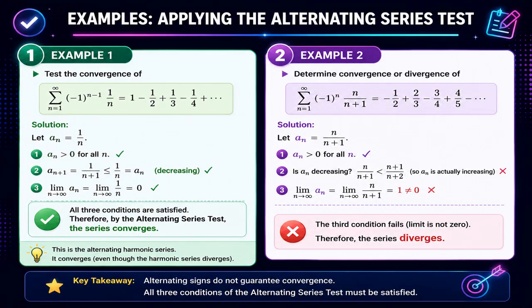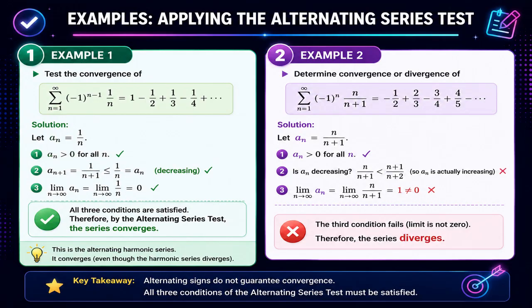Example 2. The summation of -1 to the power of n times n over n plus 1. Here, our a sub n is n over n plus 1. While the terms are positive, notice what happens when we check the limit.